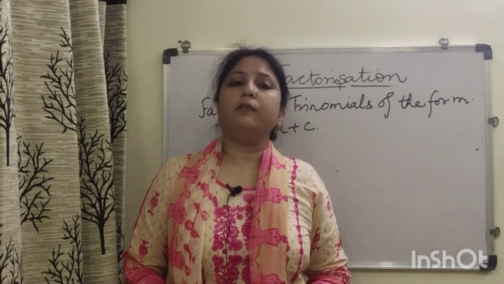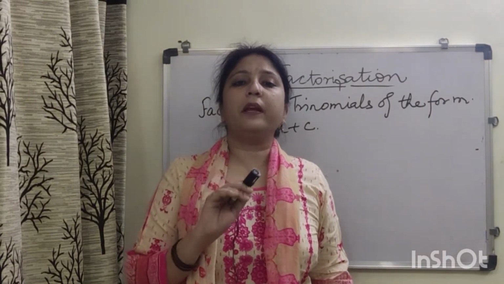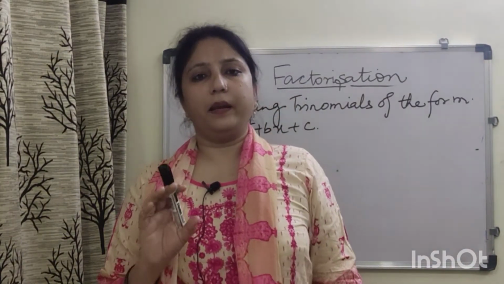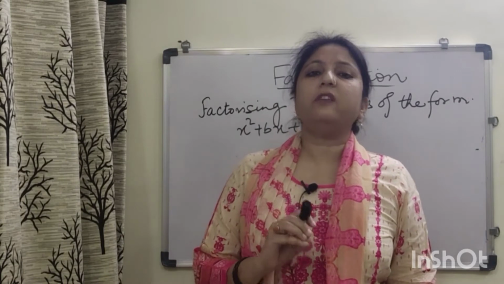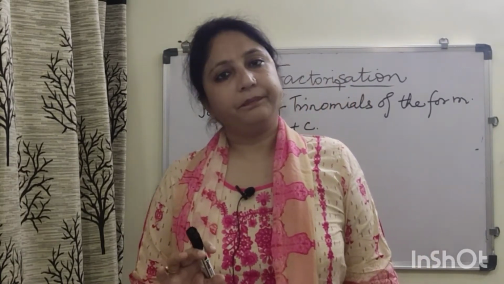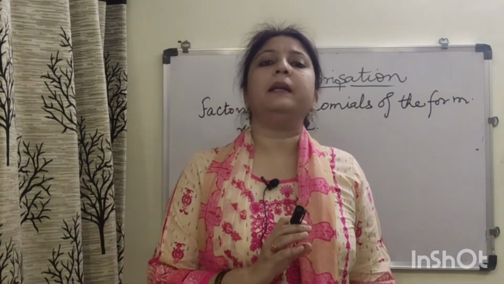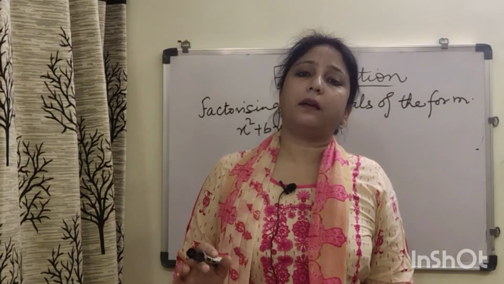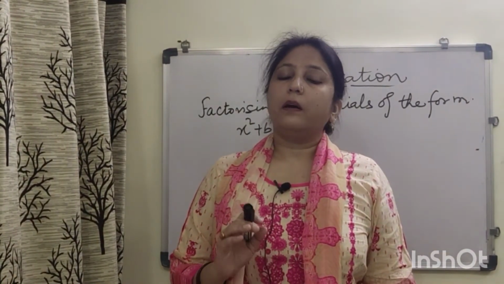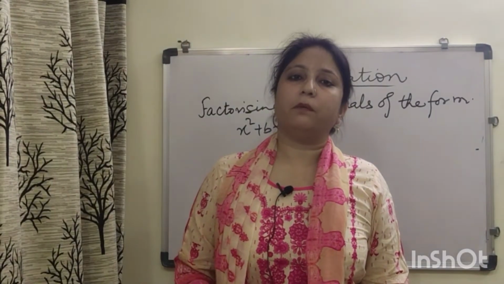First of all, I would like to make you clear that whenever you are given an expression, just check if any monomial is common. If it is common, take common and then start factorizing it. If not, then we simply do the factorization process.